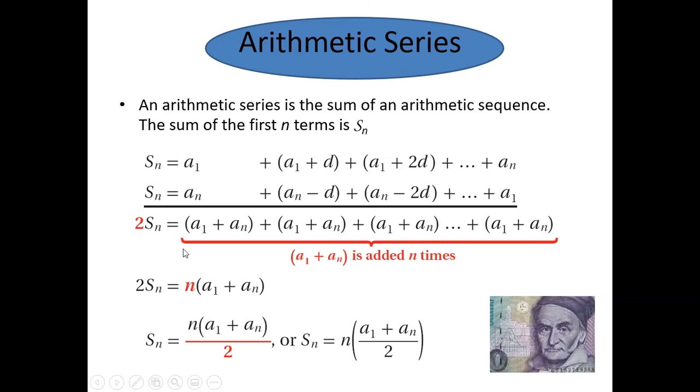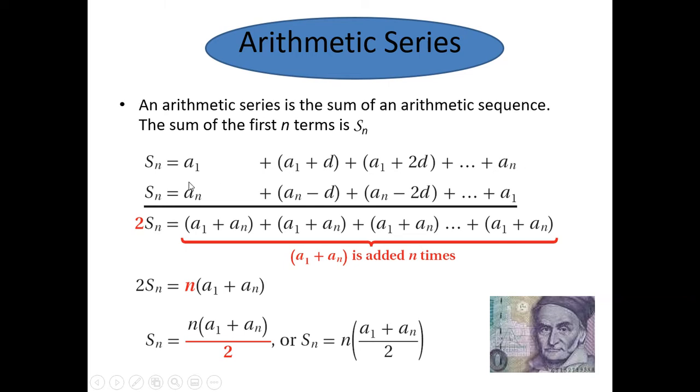So if I take two arithmetic series, the same exact series, I'm going to do one from the first element to the last. So a sub 1, I'm going to add a sub 1 plus d. So that's my second element, plus a sub 1 plus 2d, and so on all the way up to a sub n, my last element.